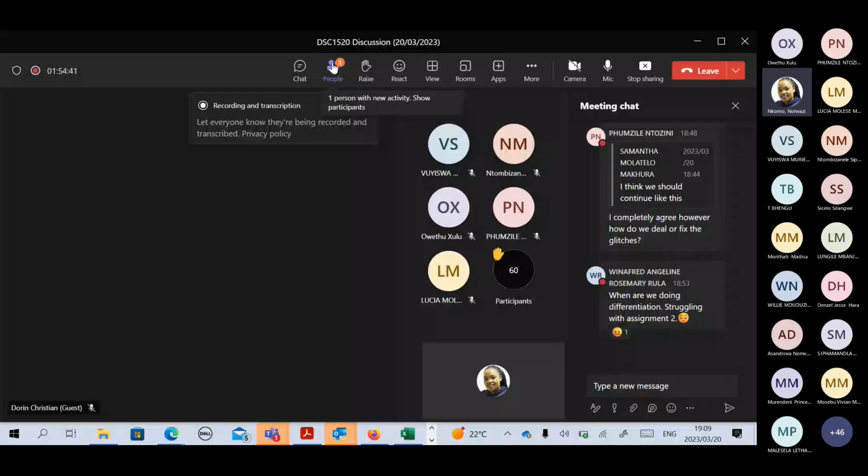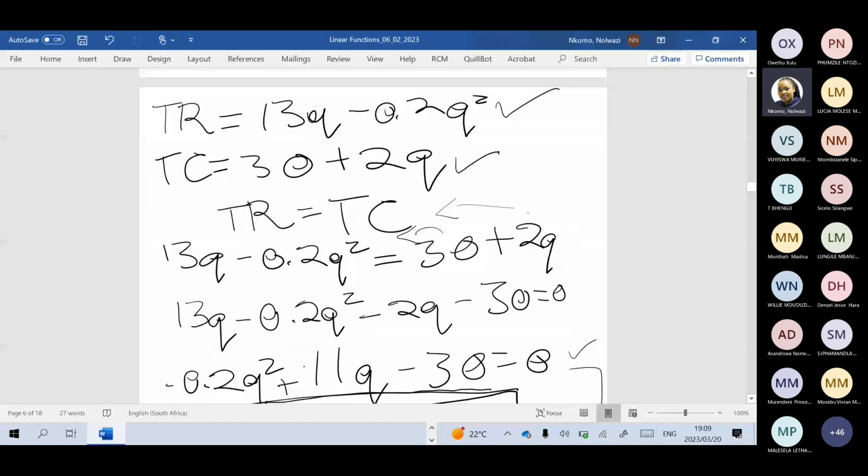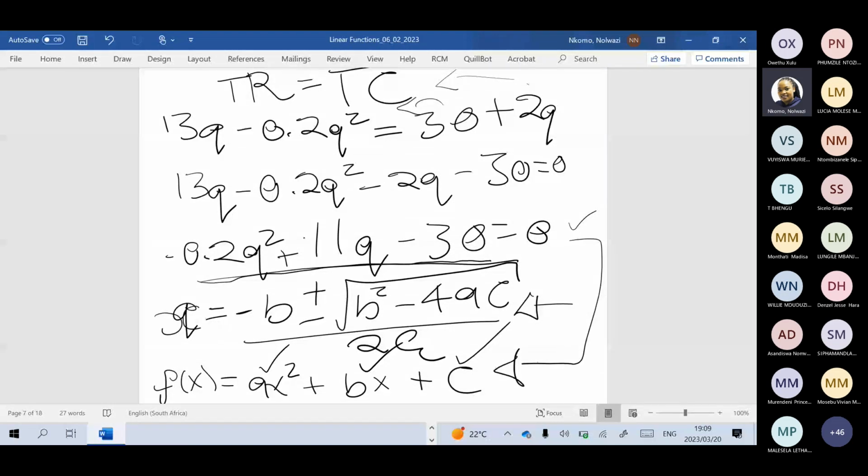And then we transposed this positive 30 to this side. If you transpose a number to the other side of the equal sign, it changes its sign. It was positive, and it changes to negative. We had positive 2q, and when we transpose it to this side, we have minus 2q. So you transpose everything to the left-hand side of the equal sign. Oh, okay. Thank you very much.